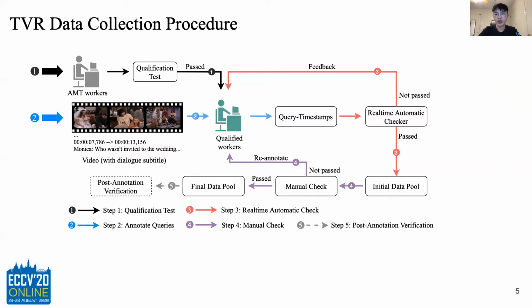And next, at step 3, our automatic checker performs basic checks, such as whether all the blanks are correctly filled and the description is at least 8 words long. At step 4, we perform in-house manual check of the queries. Disqualified queries are re-annotated, and the workers with disqualified queries were removed from our work list. Lastly, at step 5, to verify the annotation quality, we also performed a post-annotation verification experiment.